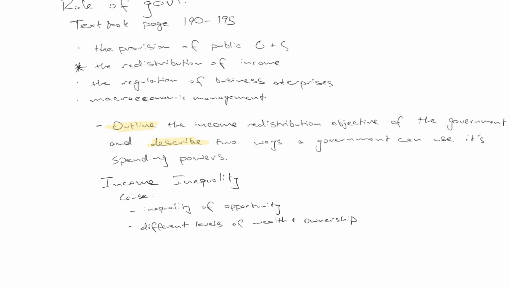Yeah, it could be inheritances, could be anything alike. Discrimination that exists. And then unequal status and power.